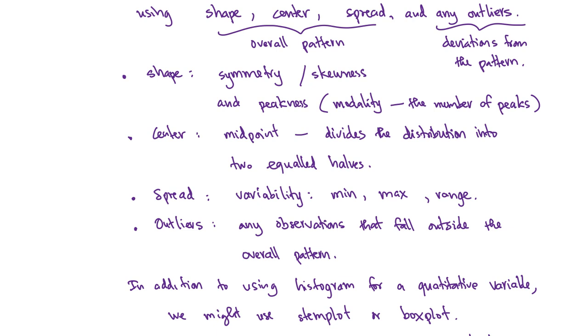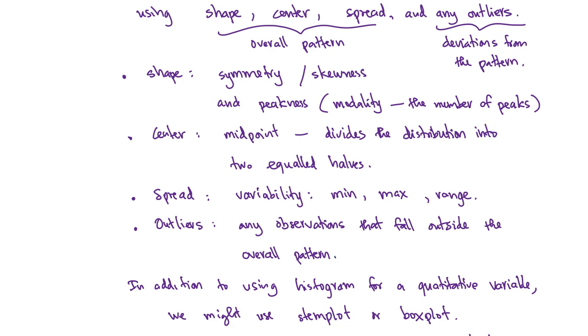The peakness is what we call the modality, the number of peaks. The center is the midpoint, the number that divides the distribution into 2 equal halves. Spread is the variability: the minimum, the maximum, and the range. And outliers are any observations that fall outside of the obvious overall pattern.